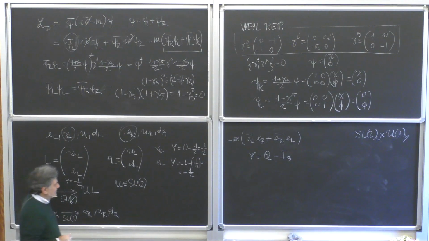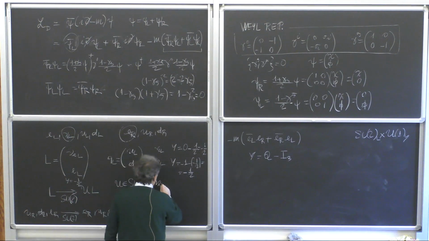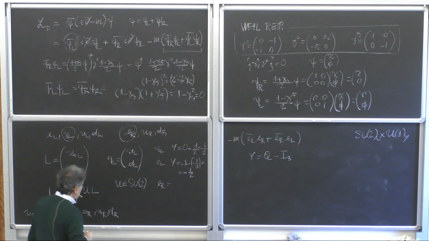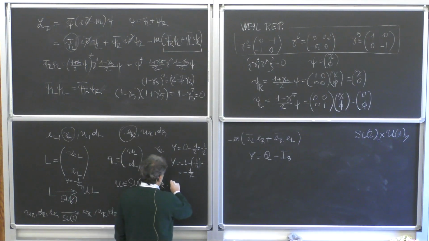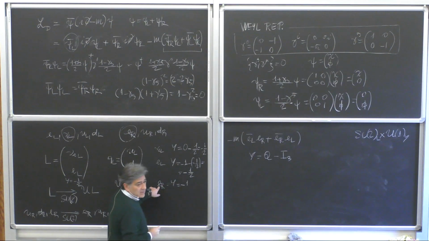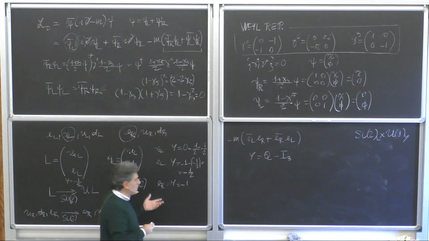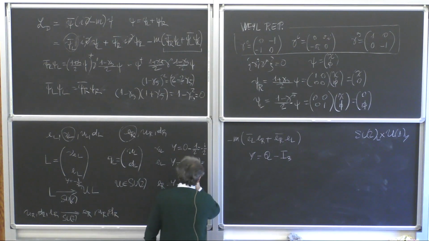Let's see instead for the right part of the electron. The charge is -1. This is a singlet under SU(2). So the I3 is equal to 0. So the hypercharge is -1.